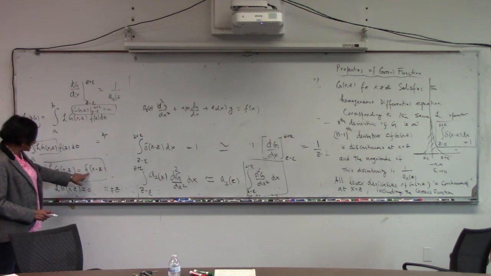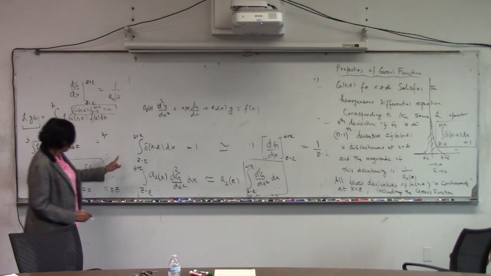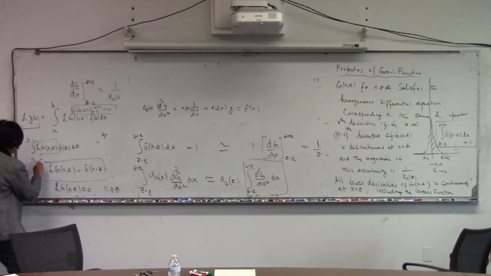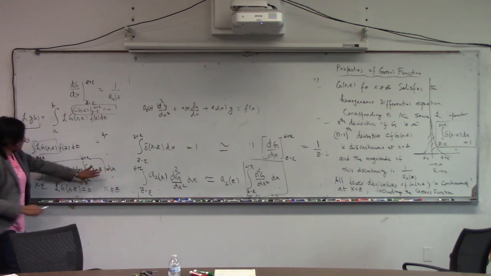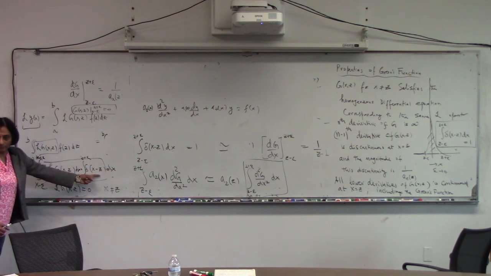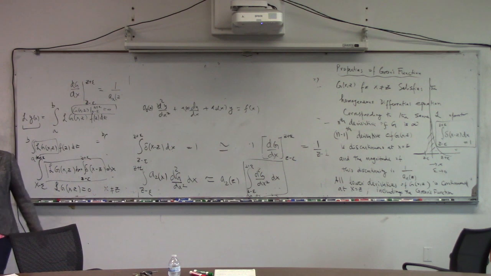We are not just looking at this at all. We are integrating this equation. This is your thing. We are integrating this. That is 1. The right hand side is 1.